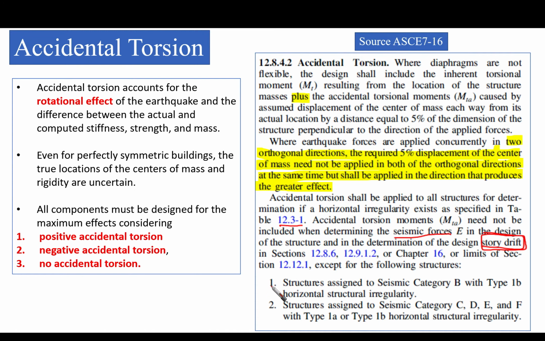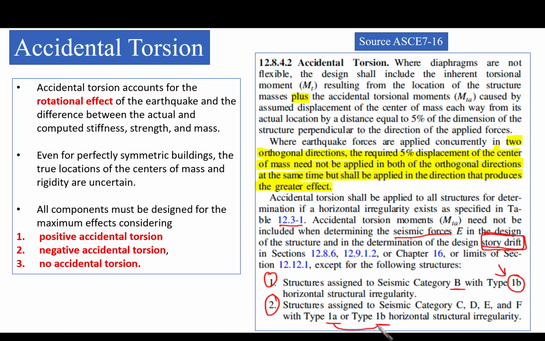You are going to find that there are some exceptions here, exception 1 and 2. One is for seismic design category B with type 1B horizontal structural irregularity, which is the extreme case of torsional irregularity. And the other is for other seismic categories, except B, with type 1A and type 1B.